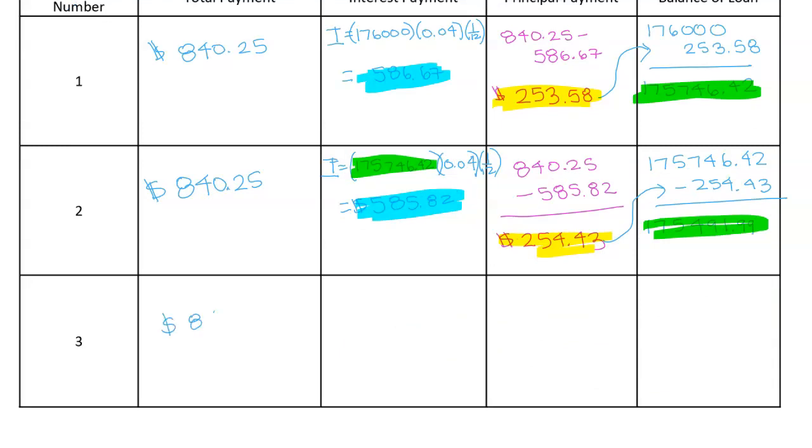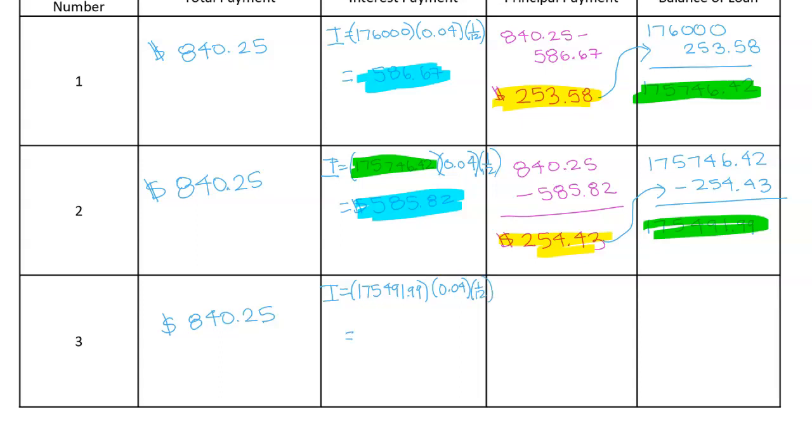Let's do it one more time. The payment is still $840.25. When we send in a payment, we just send in the whole payment, and the loan company divides it up for us. The interest will be the principal, now not the original principal and not the principal from the first month, but the principal from the previous month, which is $175,491.99 times the rate times 1 month.